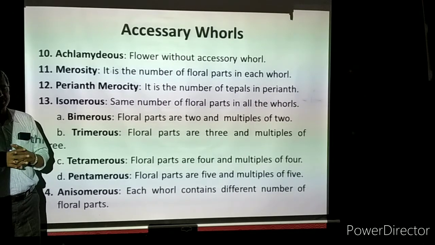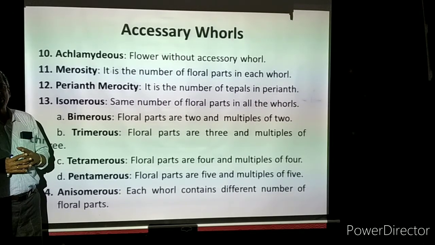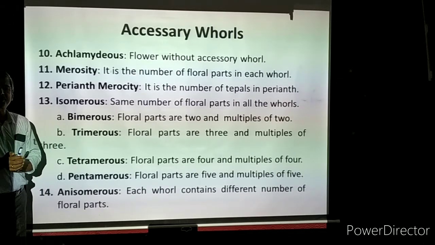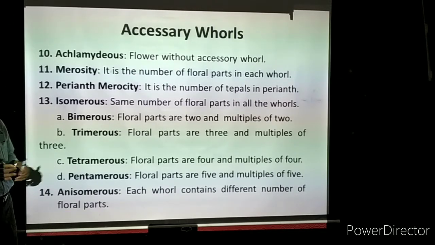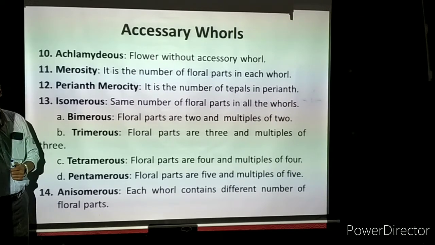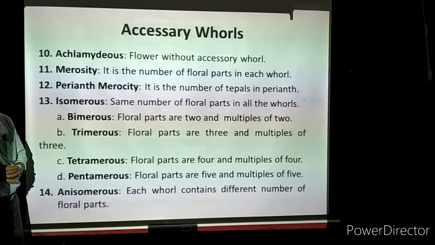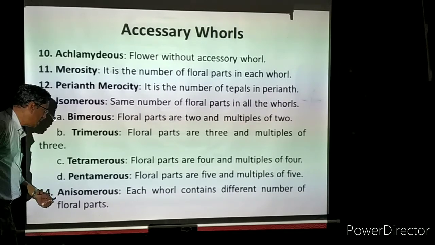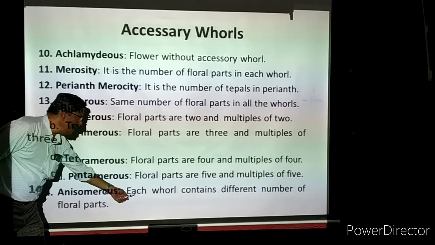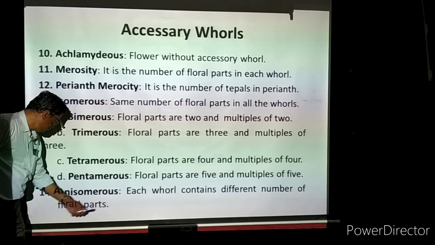That is tetramerous. But here the petals number will be 5. So what is the connection between number 4 and number 5? No uniformity. Then stamens, if you take 7, will be there. Even 4, 5, after that 7, you can't get any relationship in the number. That is called anisomerous. Each whorl contains different number of floral parts.